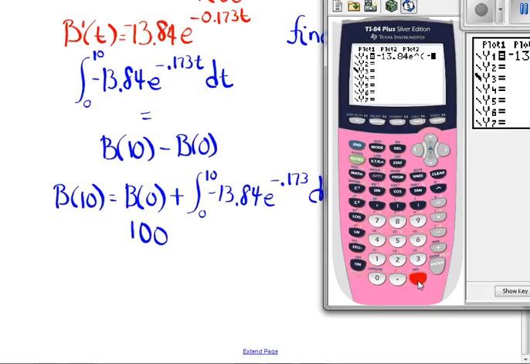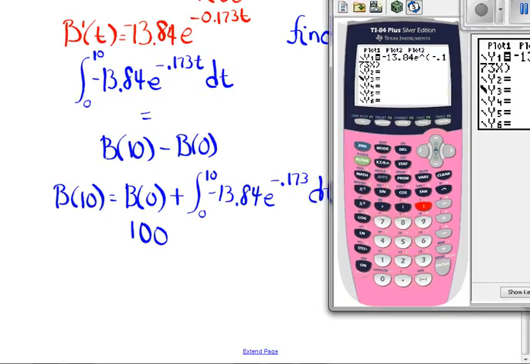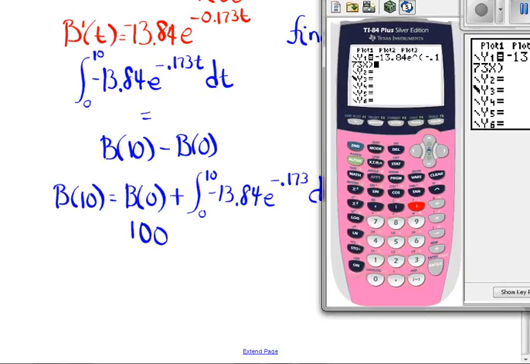Without them, you're not going to get the right answer. 0.173, and the x is also in that parentheses. If you don't put the parentheses in, it'll take e to the 0.173, figure out that number, take that number times x, and I want x in the exponent. Did I miss the t there? I did. Sorry, there should be a t there. I'll put it in.